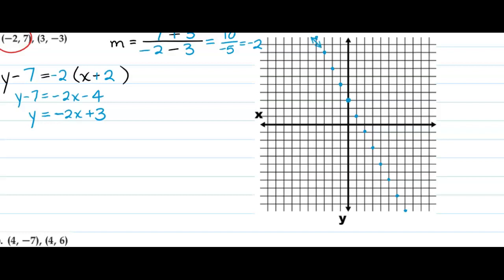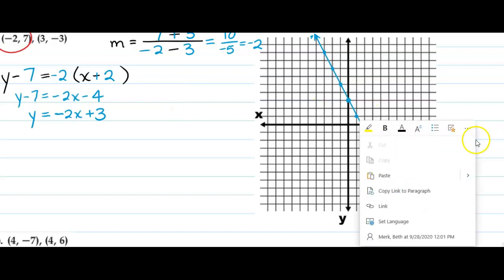We want as much precision as possible. Trying to move that line a little bit so that it actually goes through all my points. Sometimes I need to do that with my keyboard. There we go. Much better.